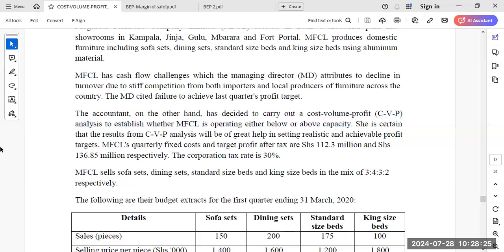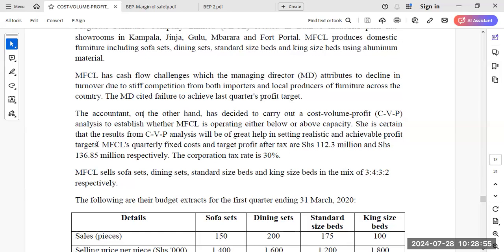So it is one of the advantages of using CVP, you are trying to see whether you are operating below the capacity or not.